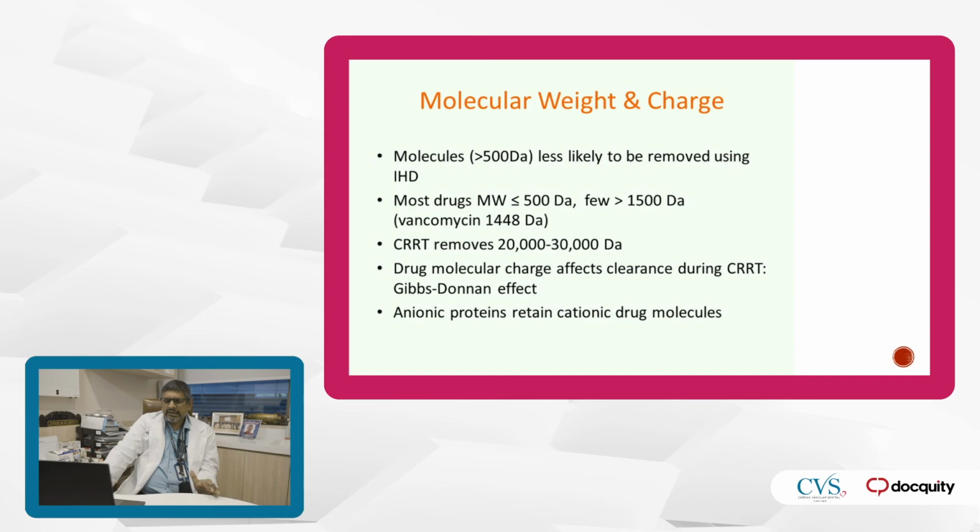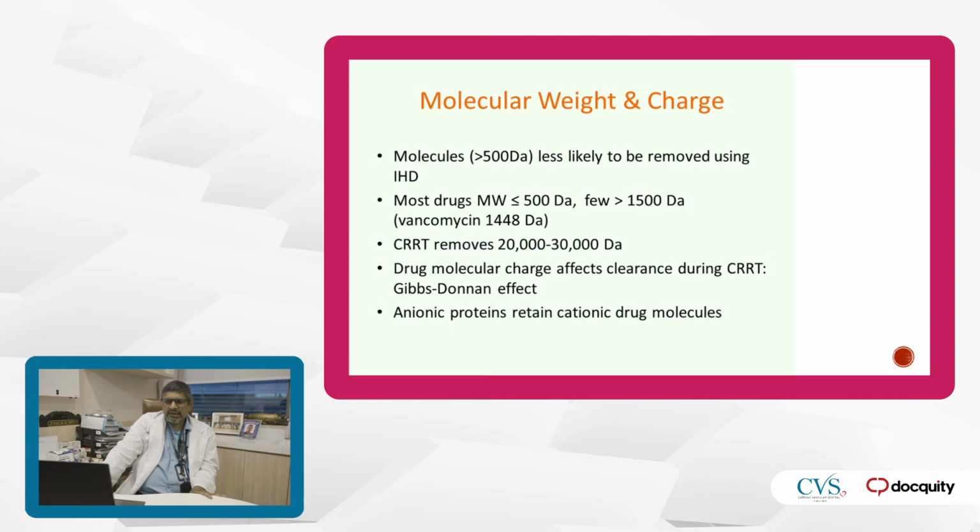Okay, one of the major issues with CRRTs is drug clearance, because when we do CRRT, it's done continuously over 24, 48 hours. So many drugs, including antibiotics, can be removed, because most drugs are smaller than 500 daltons, and even hemodialysis machines can remove molecules up to 500 daltons.